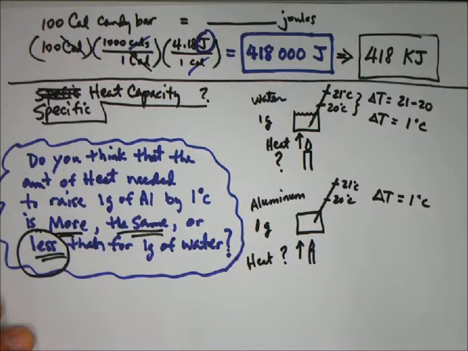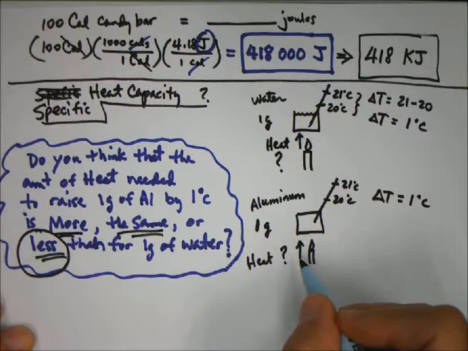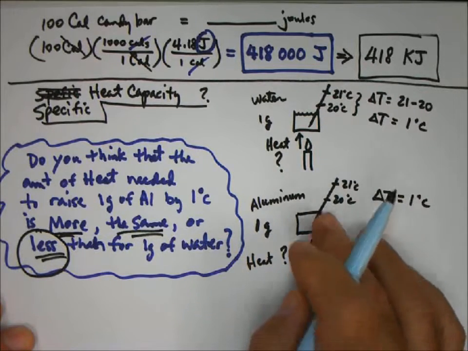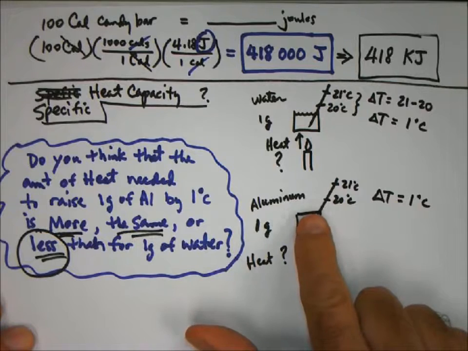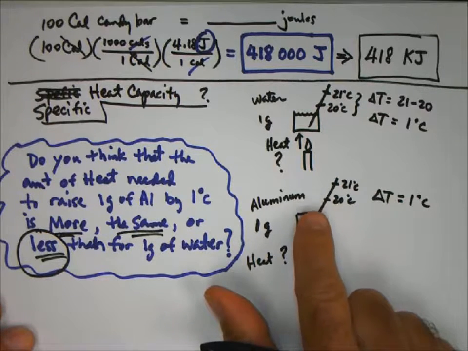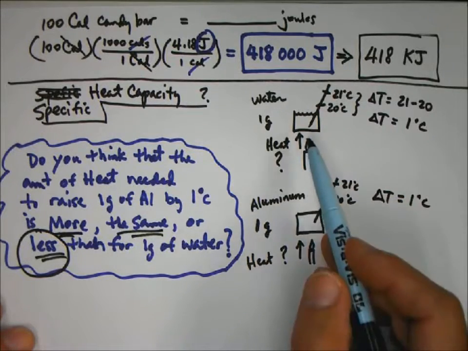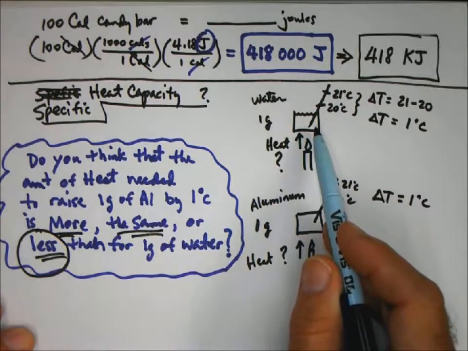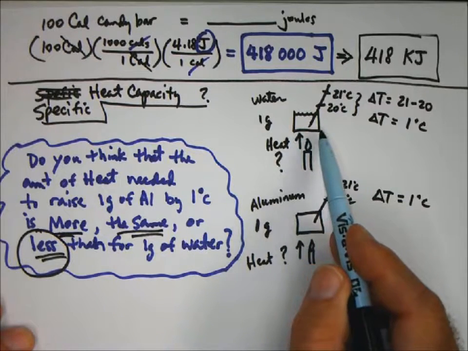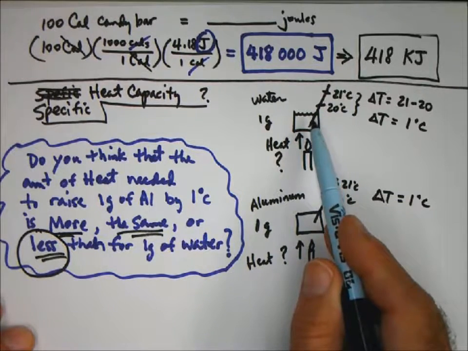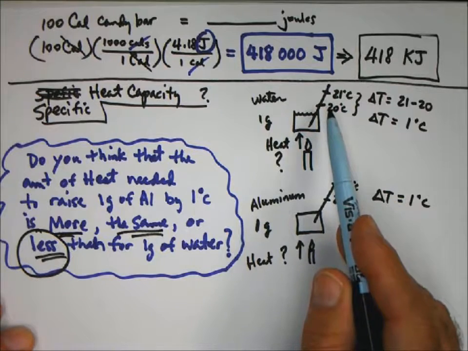It doesn't take as much heat. All we'd have to do is basically just put our warm hand on that aluminum, and that aluminum would raise in temperature by 1 degree, whereas it would take a bigger source of heat, for a longer period of time, added to that water in order to raise that 1 gram of water by 1 degree.